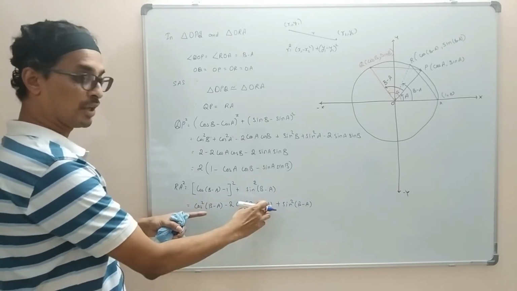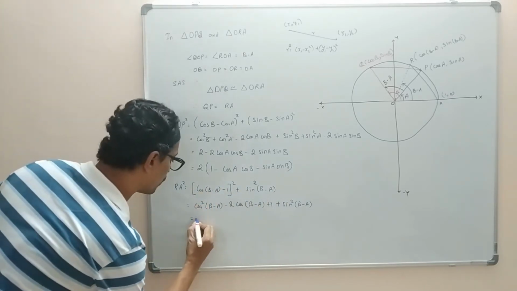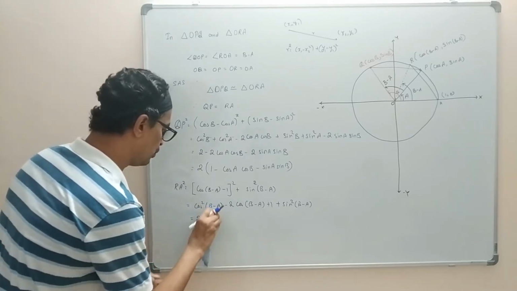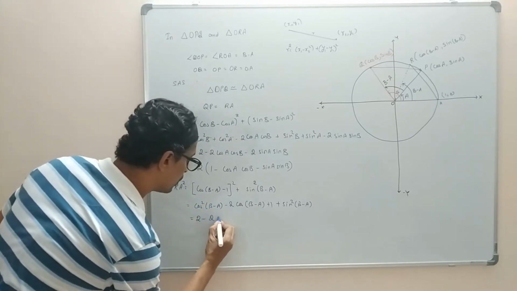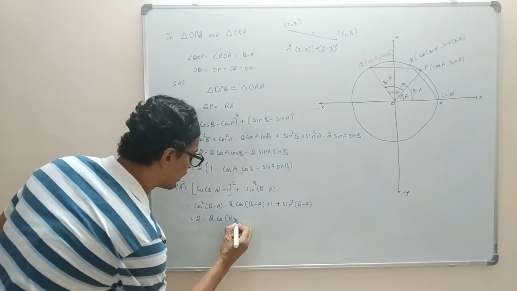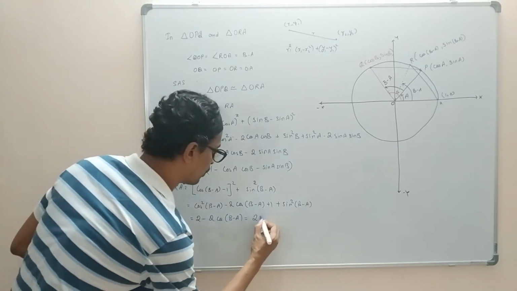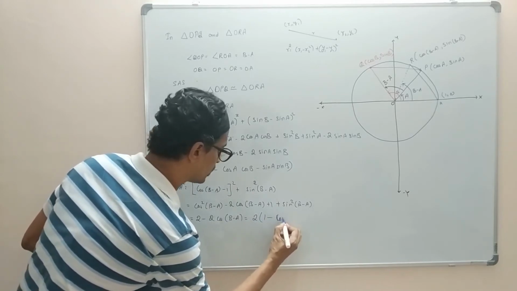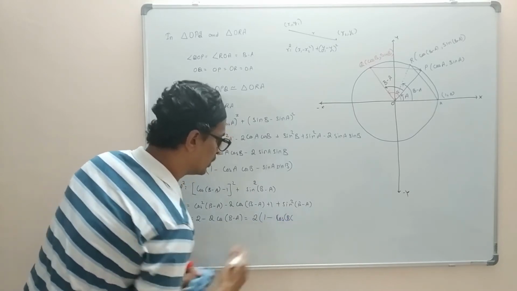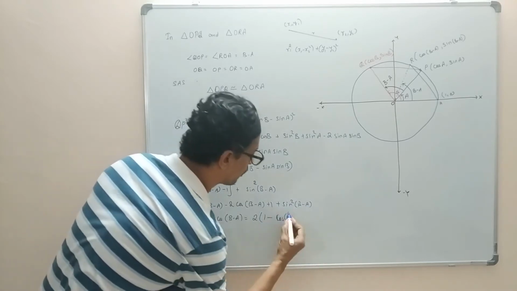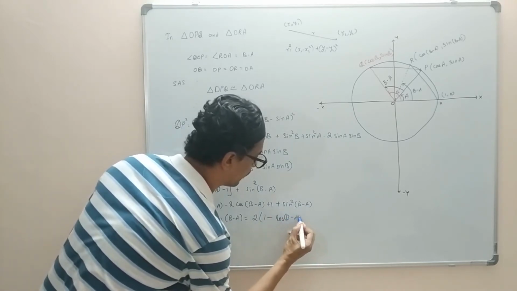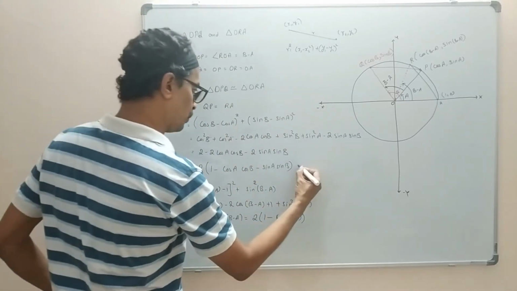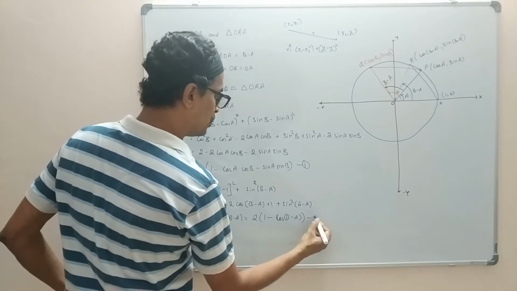So that 1 plus 1 becomes 2. So that becomes 2 minus 2 cos b minus a, or if I take 2 commonly outside, 2 times 1 minus cos b minus a. Okay?